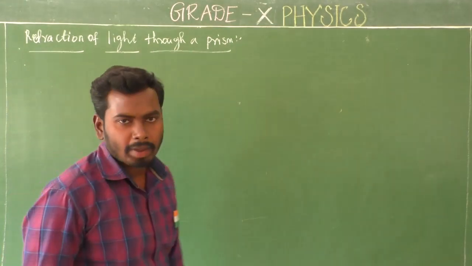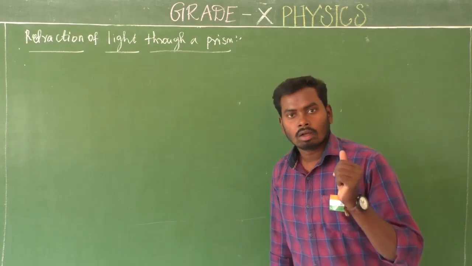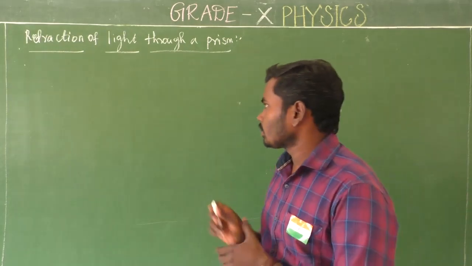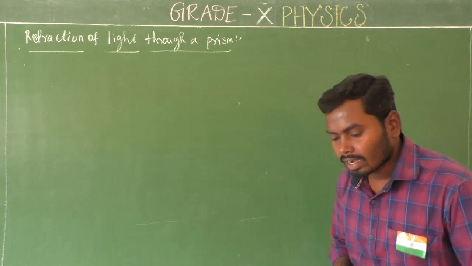What is the first topic in this lesson of chapter 11? The refraction of light through a glass prism.